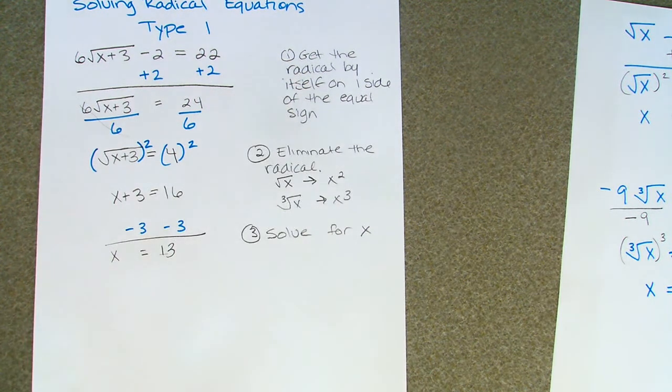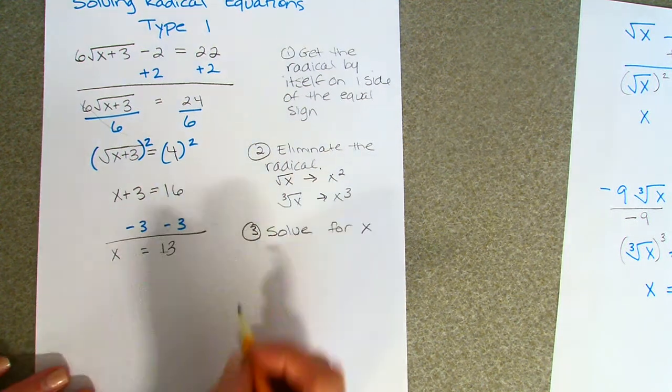We got 13. So the only thing with these that's a little different, well, I already told you it was different. We had that radical, but there's one more thing. That one more thing we need to do is we need to check for what's called extraneous solutions. Extraneous solutions are when it looks like you have a solution, but you don't. That would mean if you put it in the graphing calculator, you wouldn't have a solution. But when we solve it algebraically, we do.